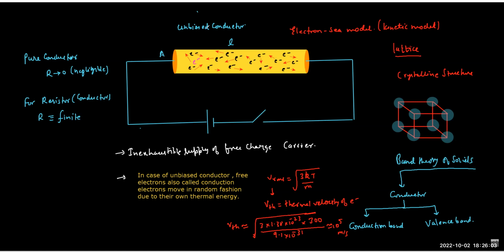And that is the reason, if I draw a cross section here, how many electrons do you think will cross this cross section from right to left and left to right? In case of an unbiased conductor, the number of electrons crossing from left to right is going to be roughly the same as the number crossing from right to left.